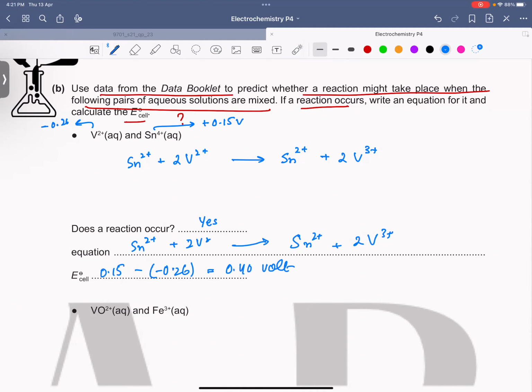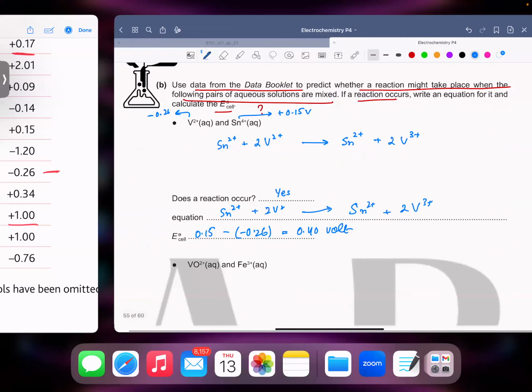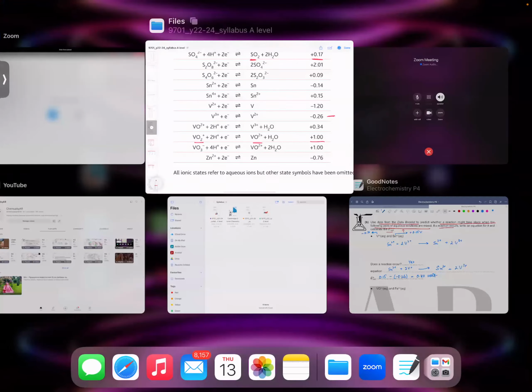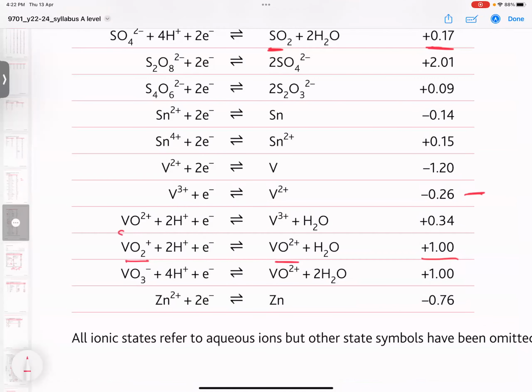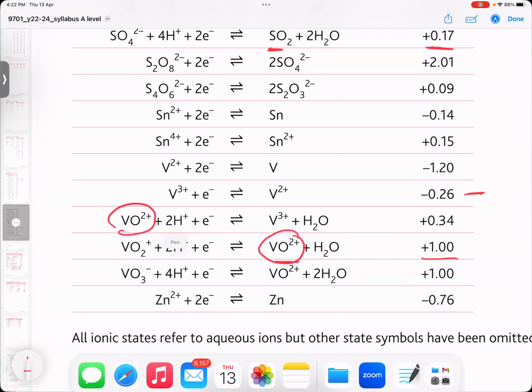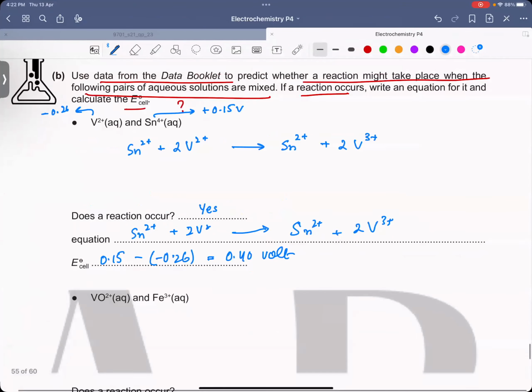Okay. Next we have a VO2 positive, this one and here this one, with the iron 2 positive. Okay, iron 3 positive.